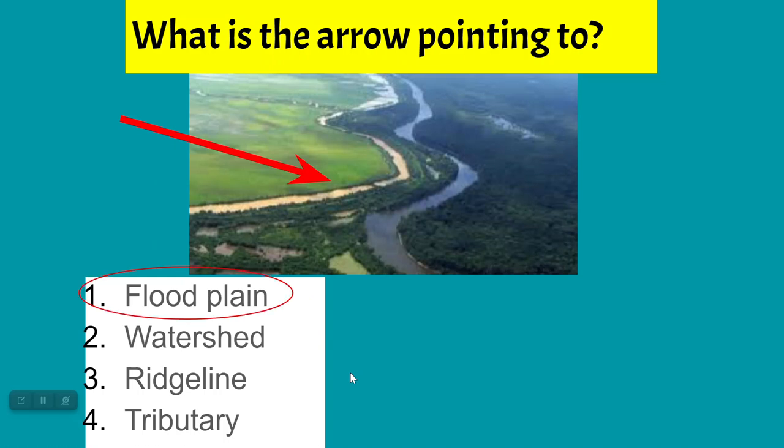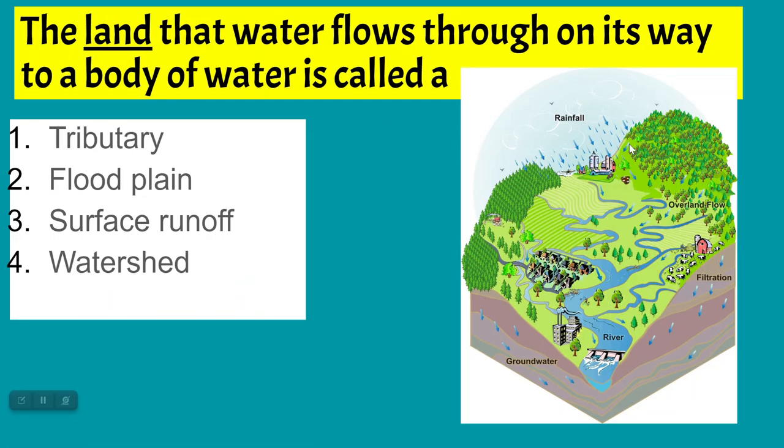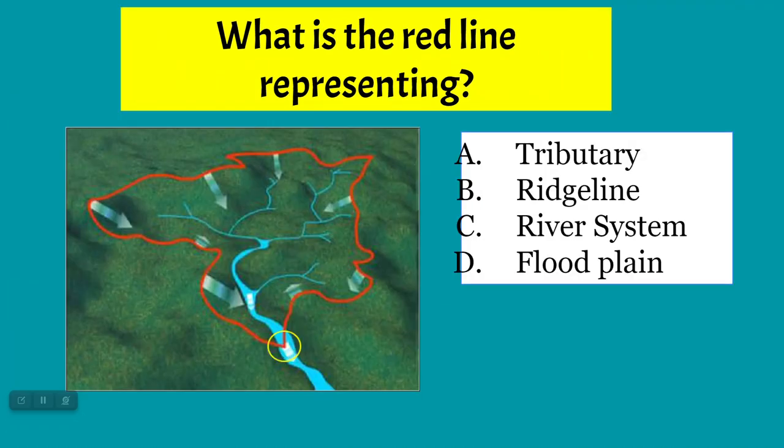Okay, that's a floodplain. The land that the water flows through on its way to a bigger body of water is going to be called the watershed. That is the land area through which water flows on its way to one single big body of water. So it's called the watershed.